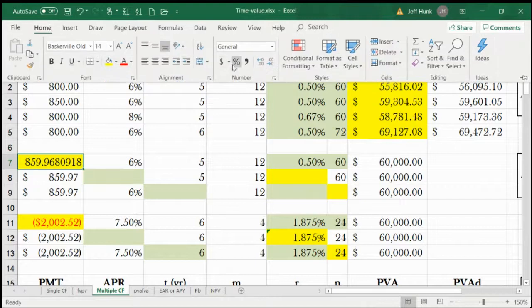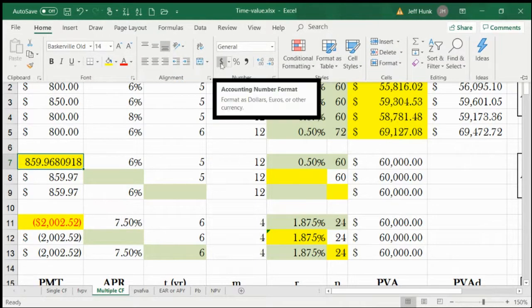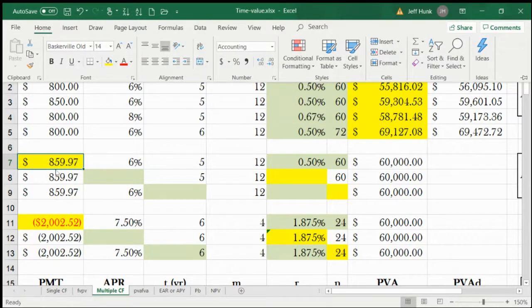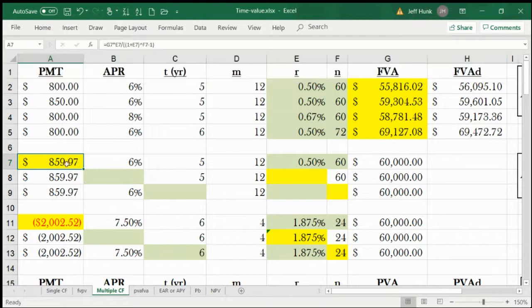So you just give it a dollar sign, and then it automatically takes care of the decimal places, because in accounting, or in dollars, when you are using monetary units, generally you don't use more than two decimal places.